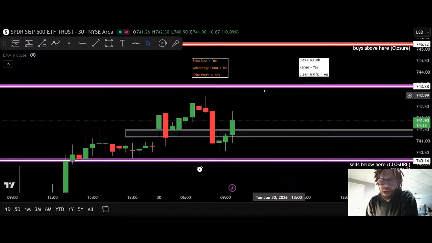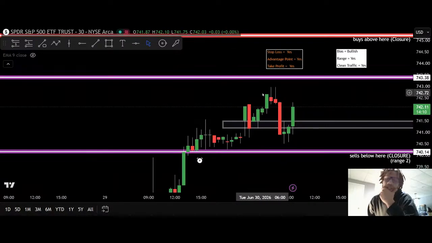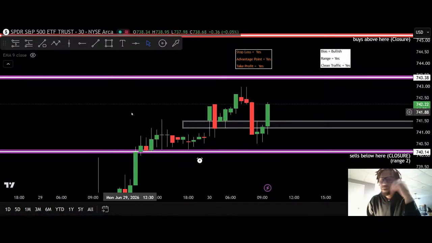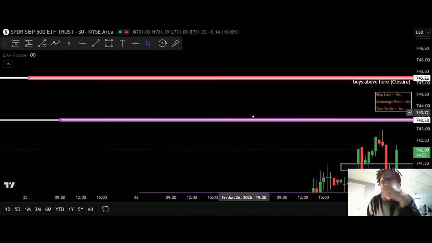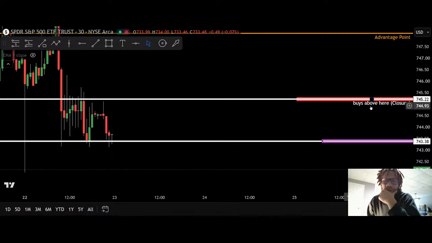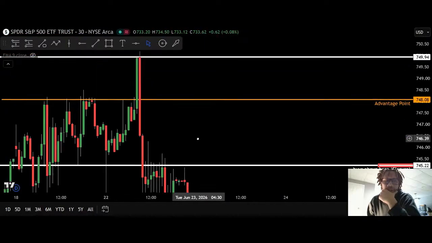All right, so we got a bias here based off the daily time frame. We have our levels. Okay, clean traffic coming down. As far as the buys, we got clean traffic coming up.